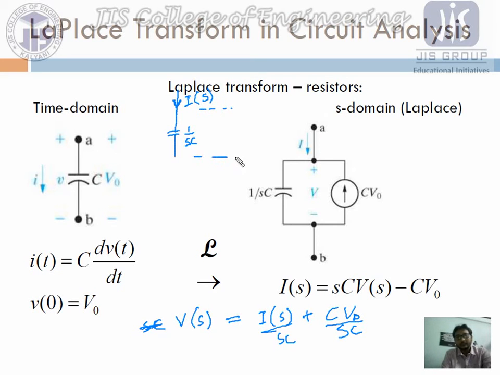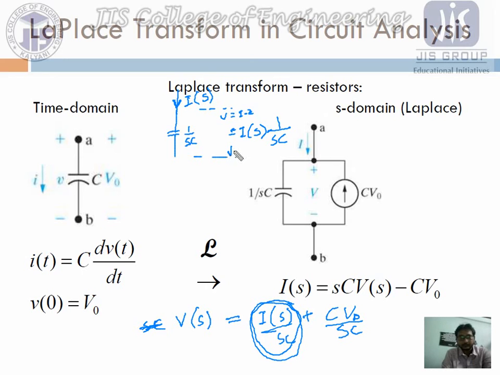We know V equals I multiplied with Z. I is I of s, and Z is 1 divided by sC. So I of s divided by sC is the voltage present across the capacitor.